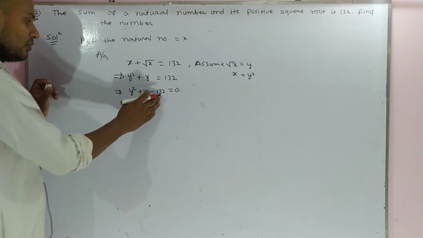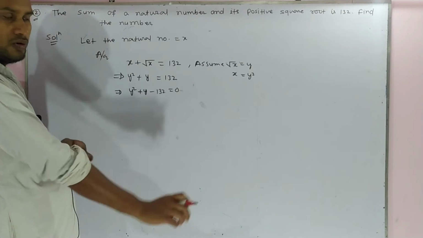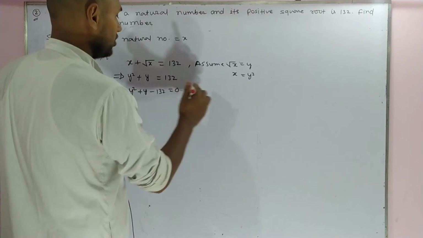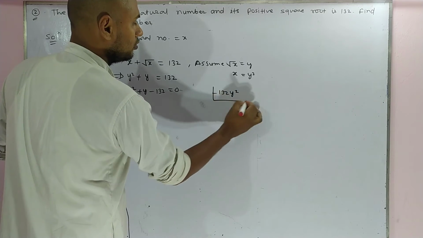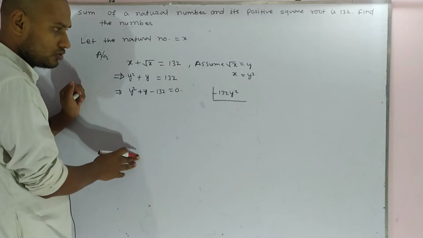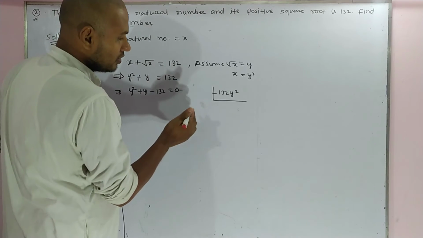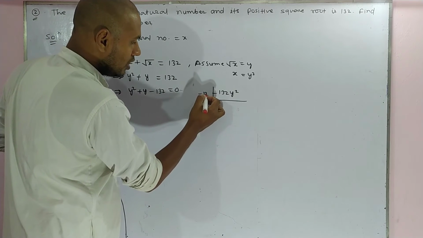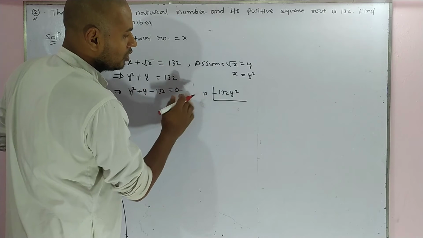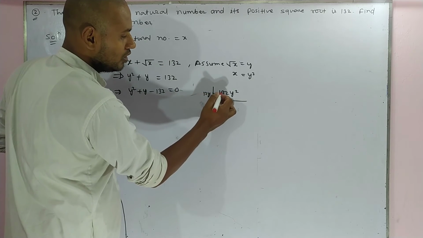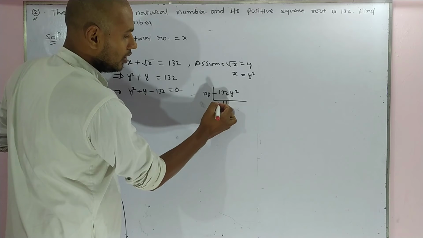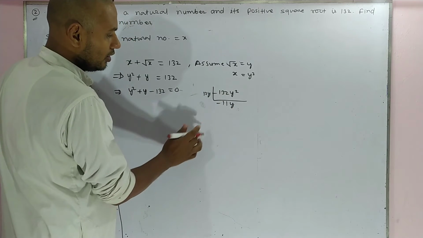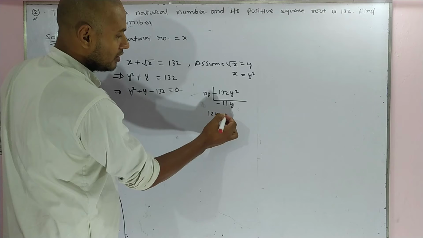Now we split the middle term: the product is minus 132 y square, so we write it as plus 12y minus 11y.